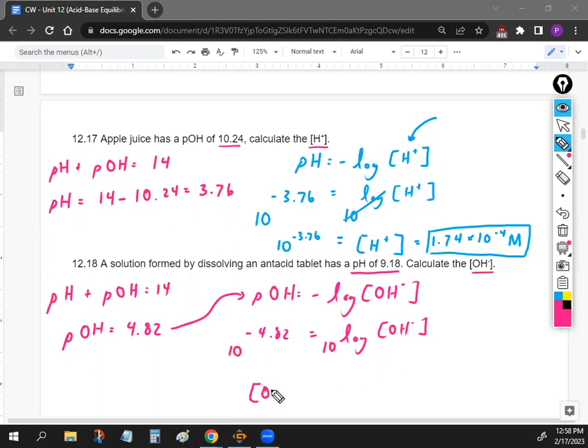And so your concentration of OH minus will be equal to 10 to the power of negative 4.82, which is going to be 1.5 times 10 to the negative 5 molarity. Something around there. So the key to figuring out this log stuff is to just remember you can get rid of a log by putting it 10 to the power of that stuff.